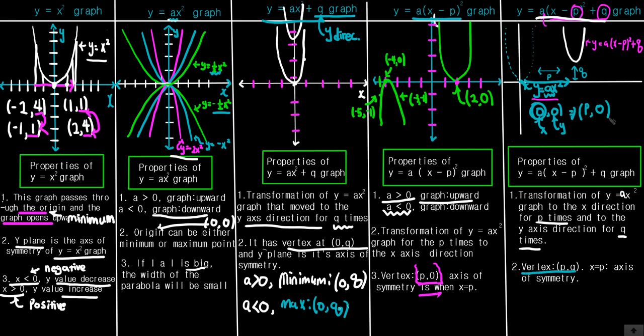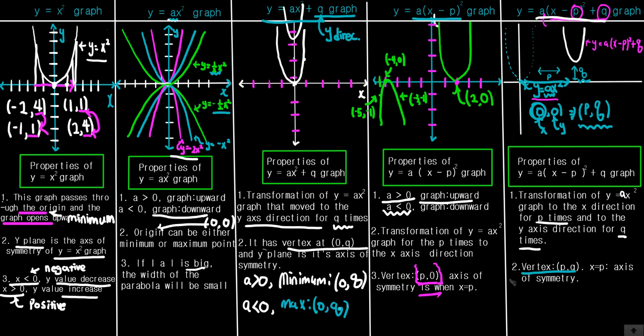The y value was still 0 before, but we moved the transformation q times in the y direction, and we don't know the exact value of its y direction, so we just put that value as q. So (p, q), that's why it is the vertex of this function.